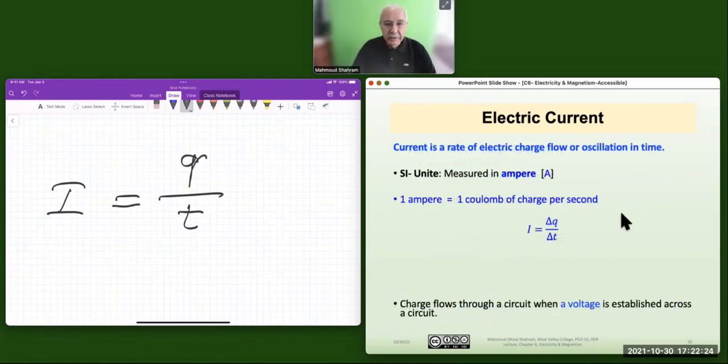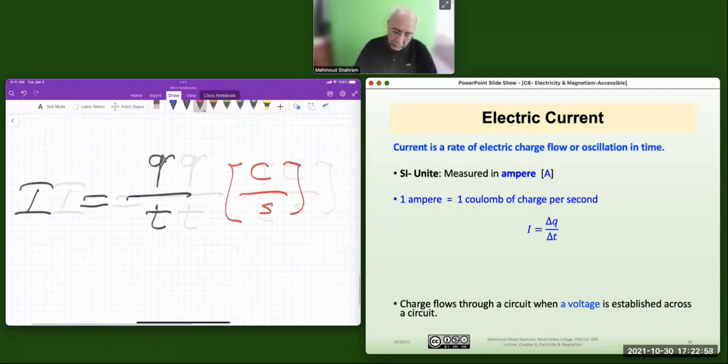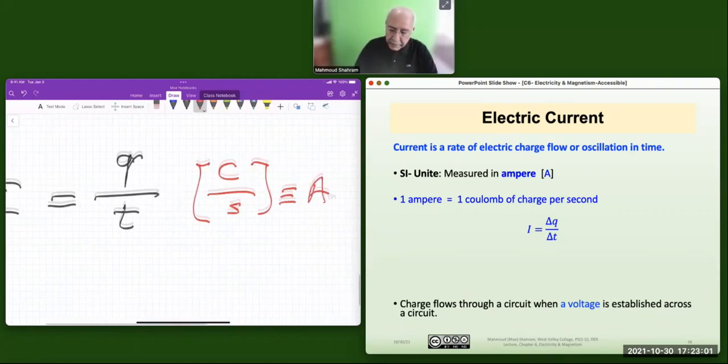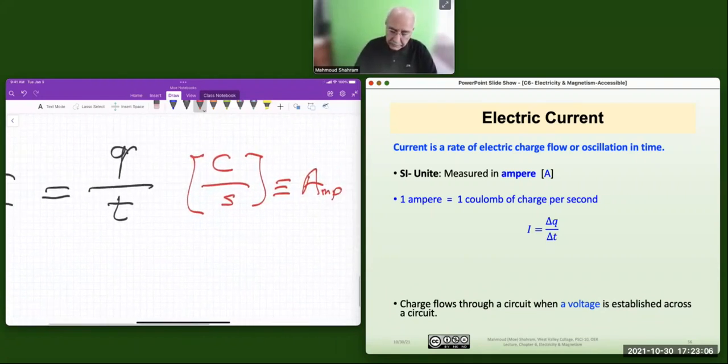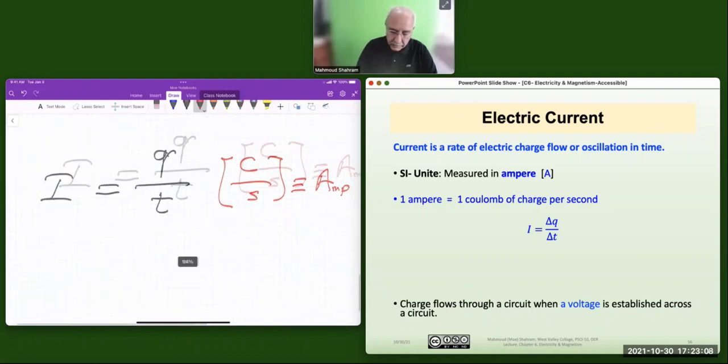The definition of electric current is the rate of electric charge flowing in time, or in the case of AC current, oscillating in time. What is the unit of this? Well, we know the unit of charge is coulomb. The unit of time is second. Coulomb per second, we have a name for it: amperes. Sometimes we show it with A, sometimes with AMP, or spell it out.